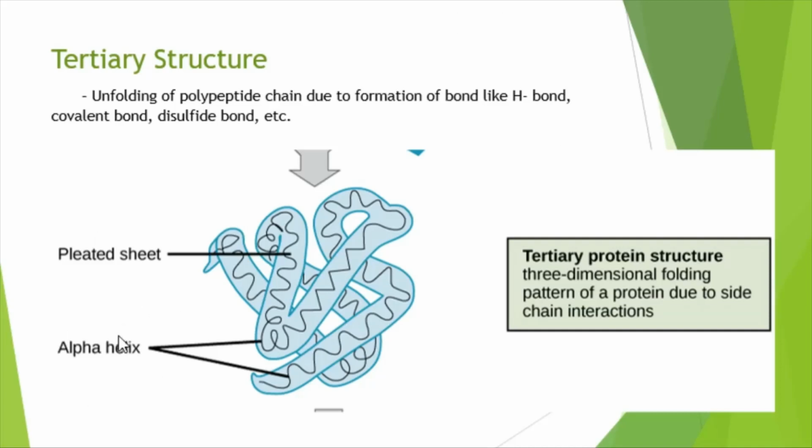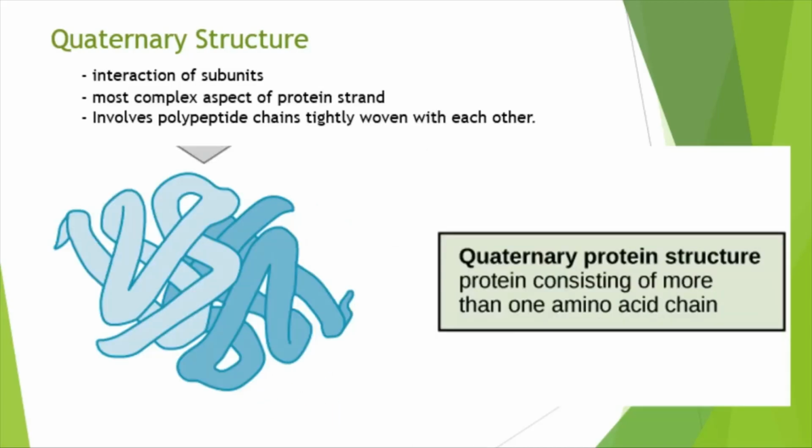As you can see, we have here a pleated sheet and your alpha helix already. They are mixed, and there's also another three-dimensional folding pattern due to side chain interactions. Then now let's go to your quaternary structure.